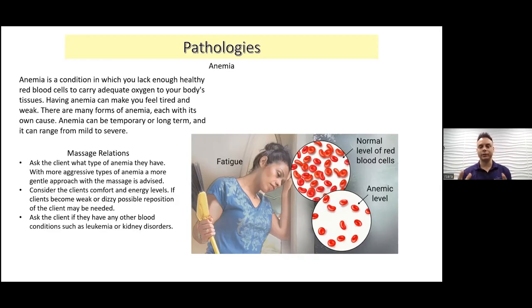But it also distorts the way in which the cells can carry oxygen. Especially in my case with thalassemia, my blood iron is a lot lower than it normally would be, so that affects the amount of oxygen that can be transported in my blood.